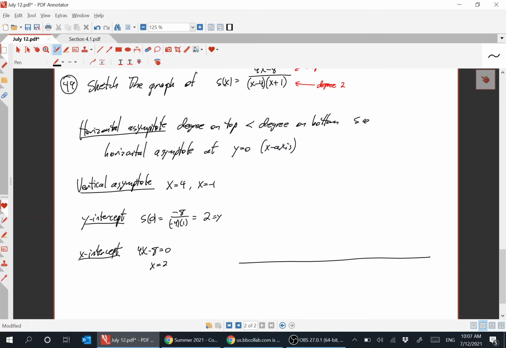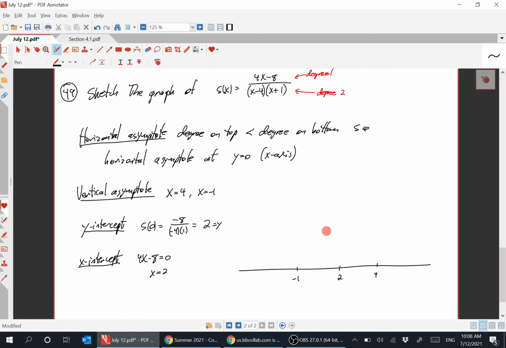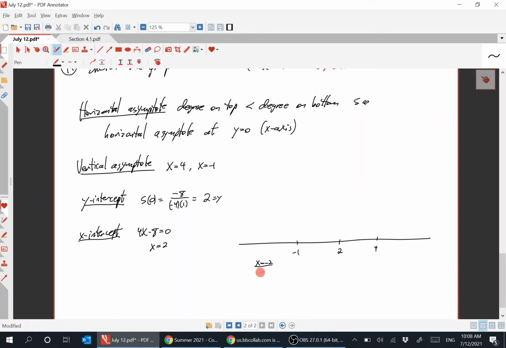So this is at negative 1, 2, and 4. And so now we want to look at these intervals. What's going on inside these intervals? So we test a point inside these intervals to find out about being positive or negative. So at x equal to negative 2, say, the top is negative, that's negative, that's negative. So it's negative over negative times negative, so the whole thing is negative.